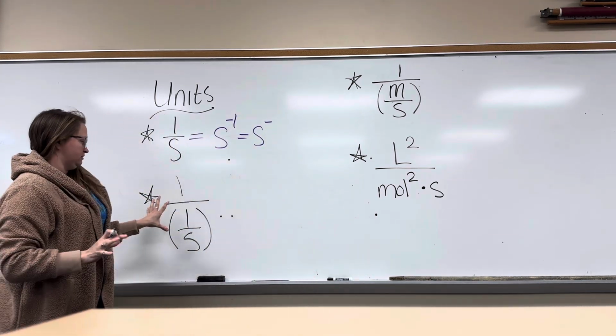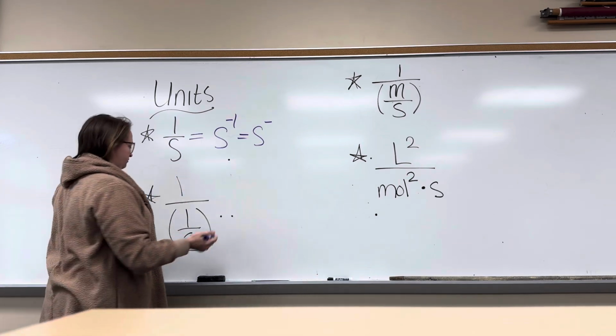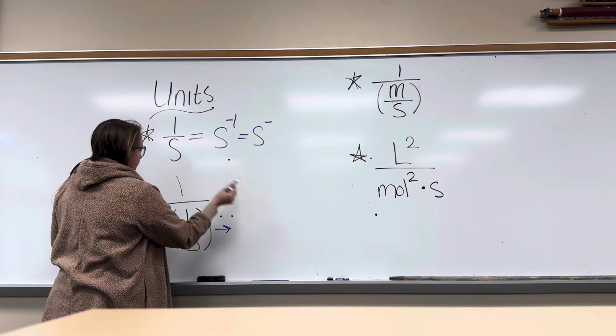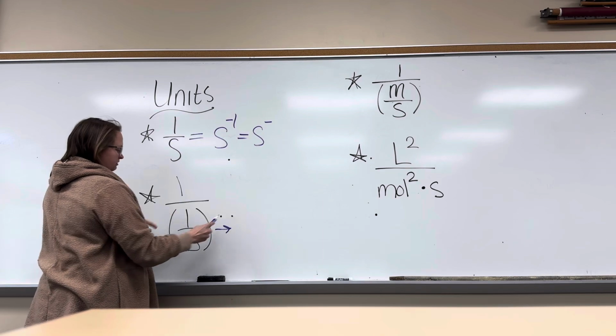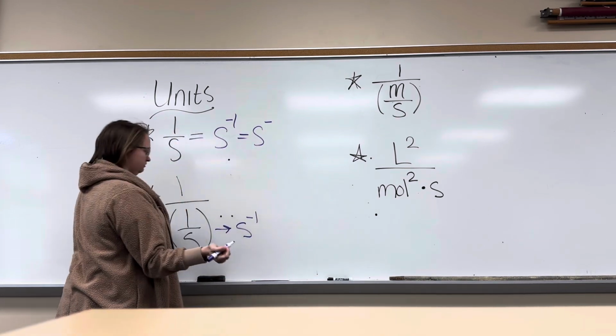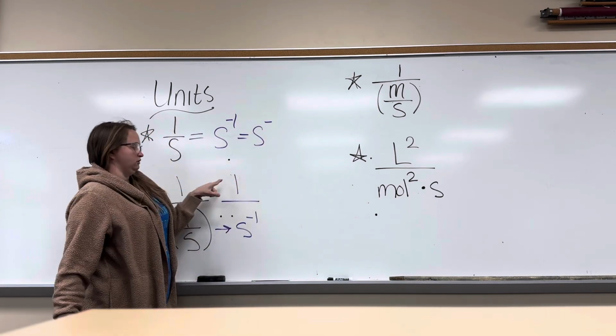So taking that into account, you're gonna do this in 2 parts, right? You're gonna do this in part 1, then you're gonna do the whole thing in part 2. So let's do 1 over s. That's gonna be s to the negative 1, okay? All under 1.